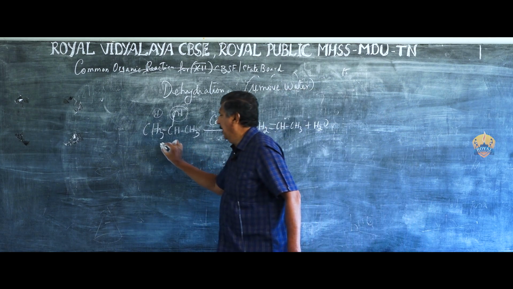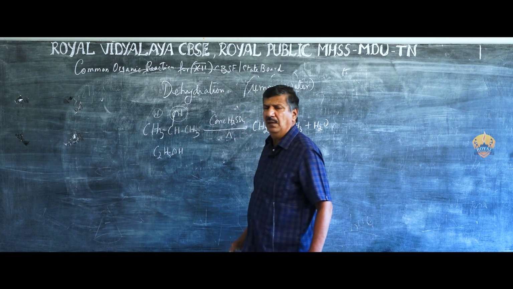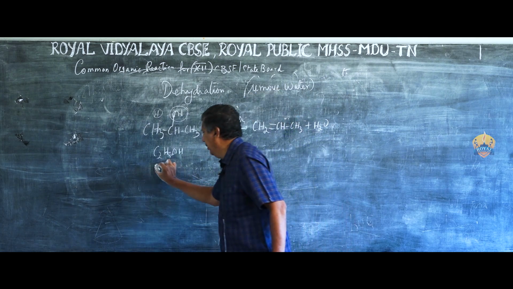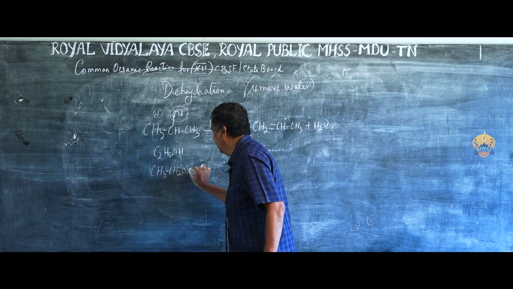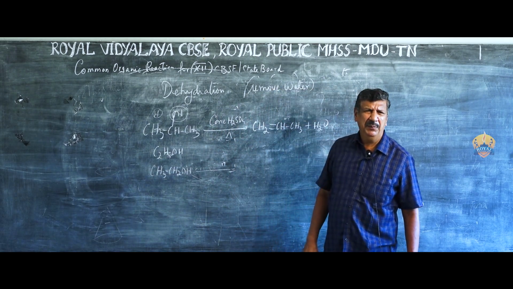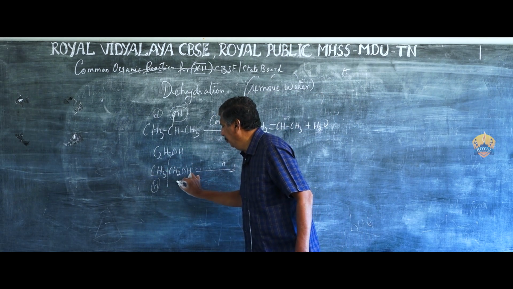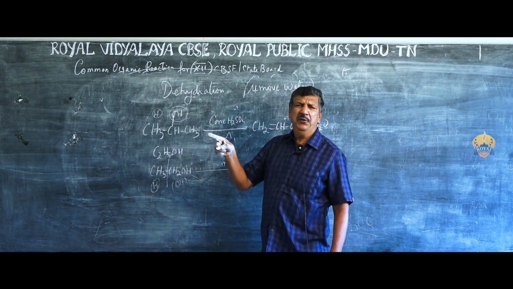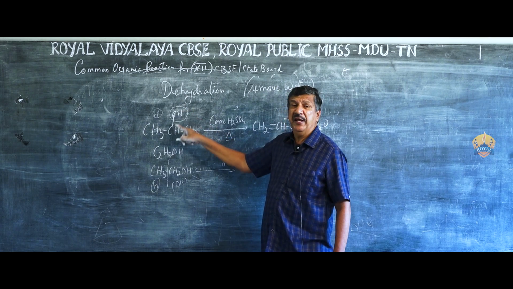If somebody asks you for the dehydration of ethyl alcohol, you can write it like this also. Same sulfuric acid. What will happen? You see, remove the H from here, remove the OH from here. You should not remove both OH and H from the same carbon.